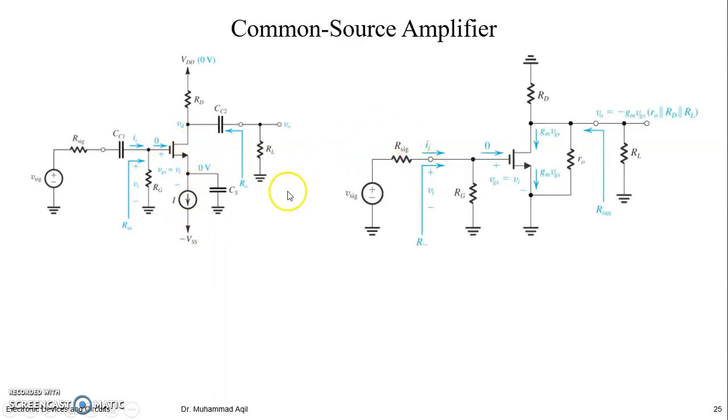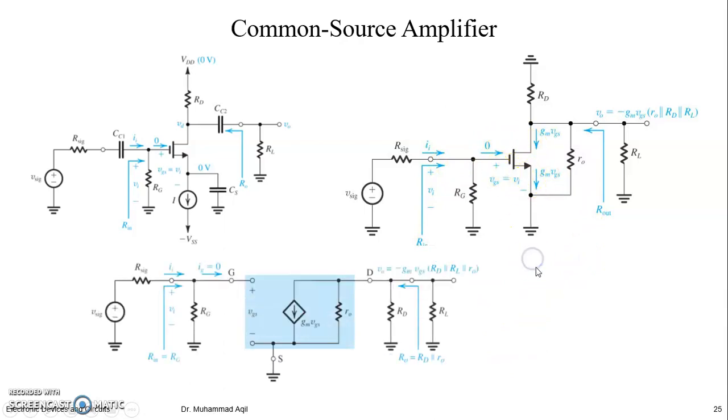Here they showed you the AC equivalent circuit by shorting the capacitors, and even though they had already put 0 volt here, they drew another one to tell you that you can see the input resistance of the stage for this signal, looking at the gate. So now we can replace this with its pi model.